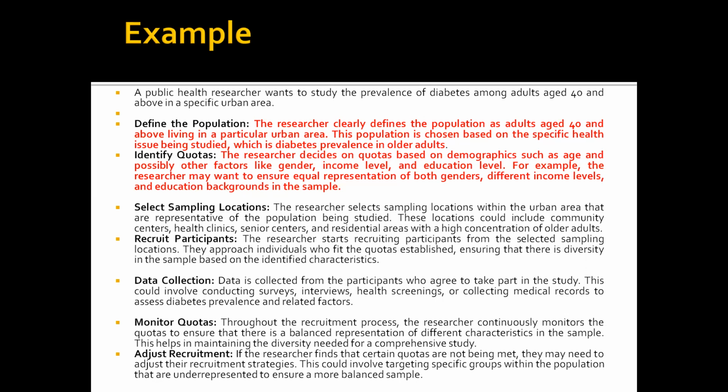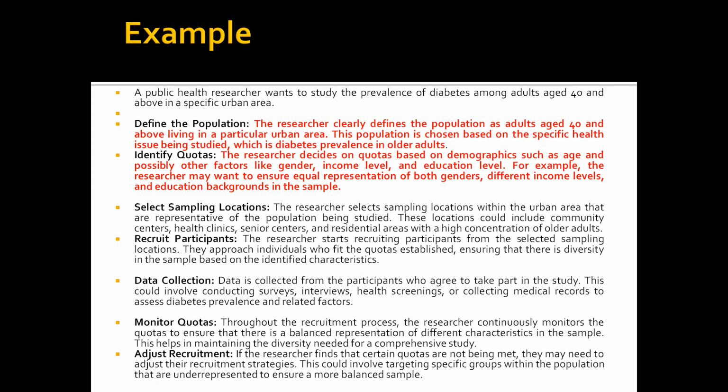Those who are 40, 45, 50, 60, 70, 80, female, male, who have primary, secondary, or tertiary education, who are rich or poor. These are the quotas. So you will look up where the researcher would be able to access these persons. This could be in community centers, health clinics, senior citizen centers, or even residential areas where there is a high concentration of older adults.